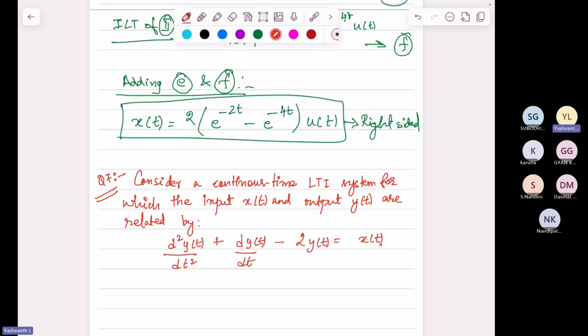That is nothing but a linear constant coefficient differential equation. The input and output of an LTI system are related by this differential equation.